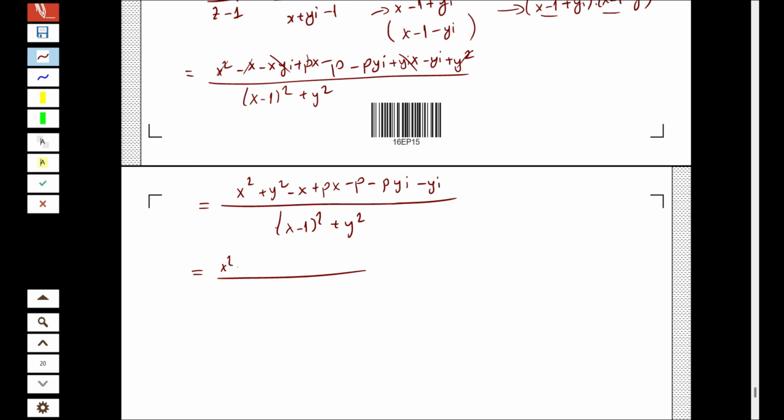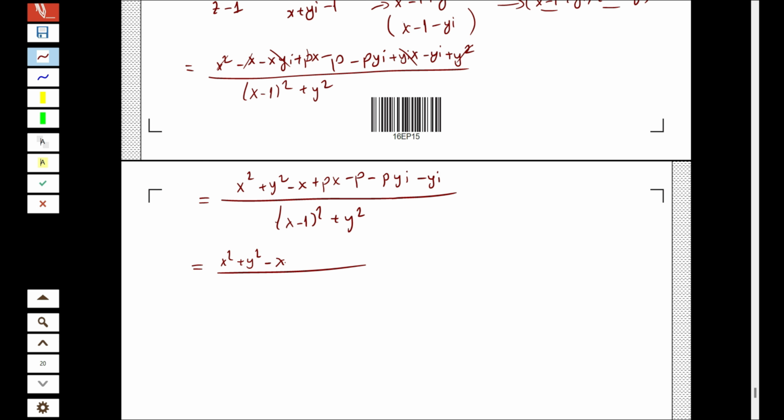It's going to be x squared plus y squared minus x plus px minus p over this one, the denominator, plus i times, and the denominator will not change, i times, let's say, minus py minus y.